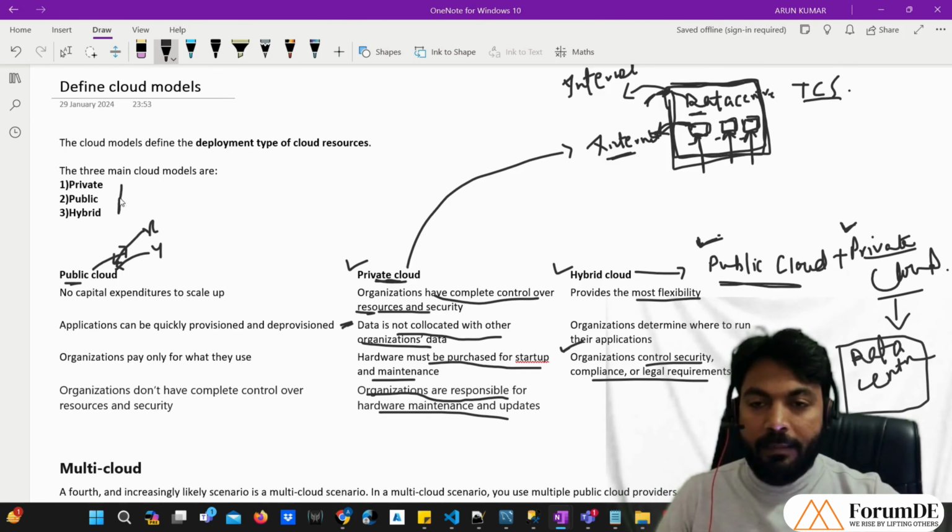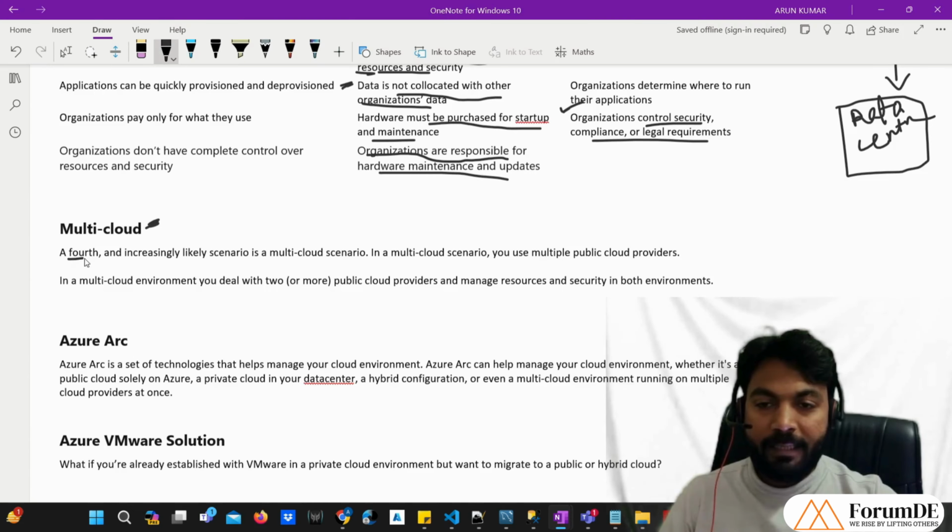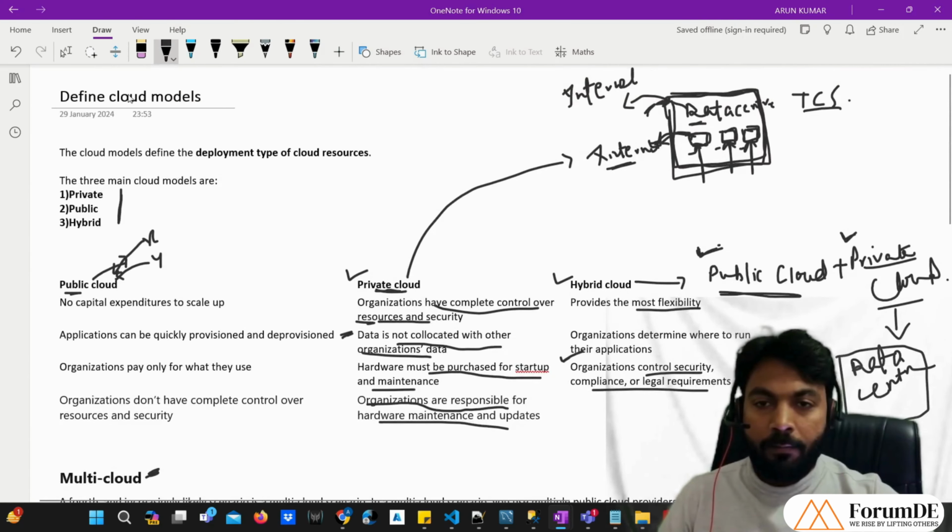Apart from this, we have a few more models. This is the multi-cloud model, the fourth cloud model.